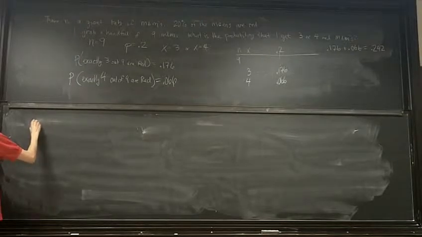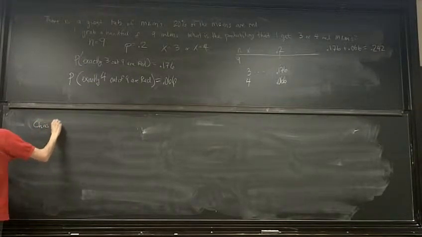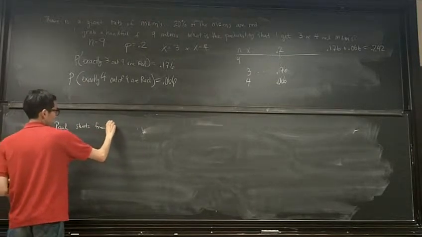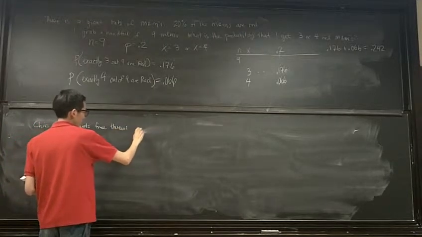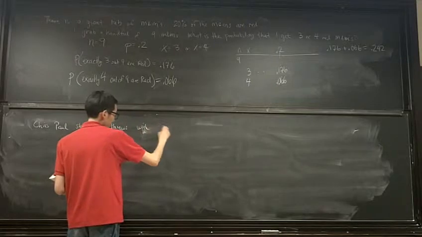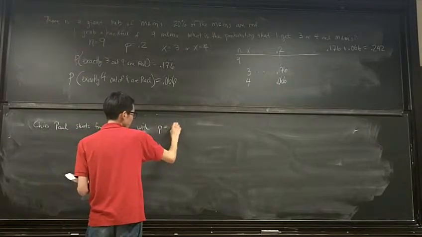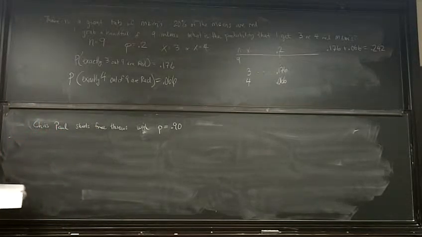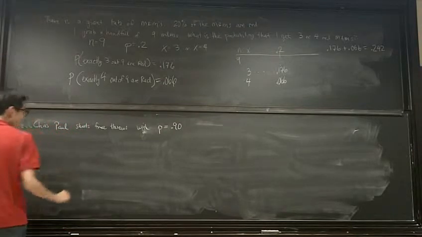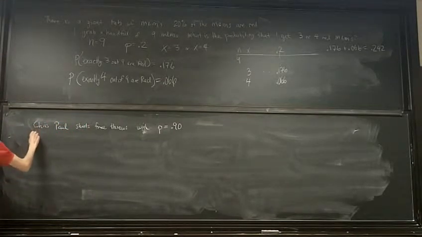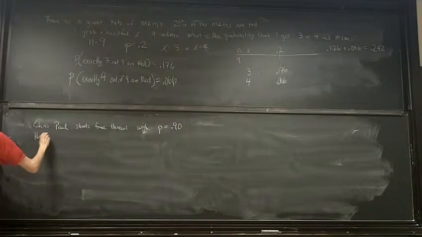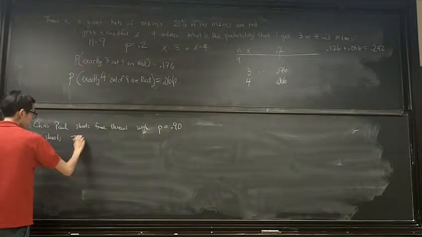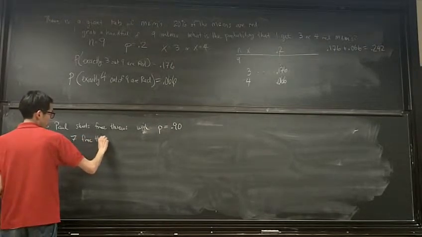So let's say Chris Paul shoots free throws with p equal to 0.9. So he's a 90% free throw shooter. Let's just say that, okay? He's a basketball player, CP3, for the Clippers. And let's say he shoots 7 free throws one night.